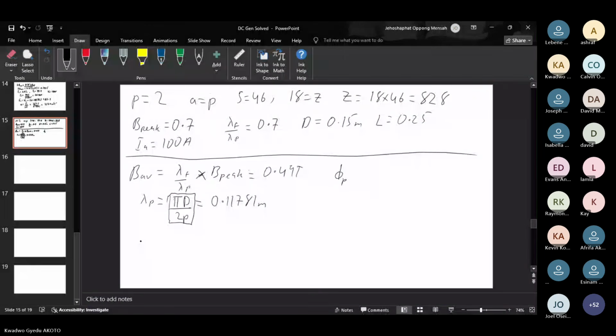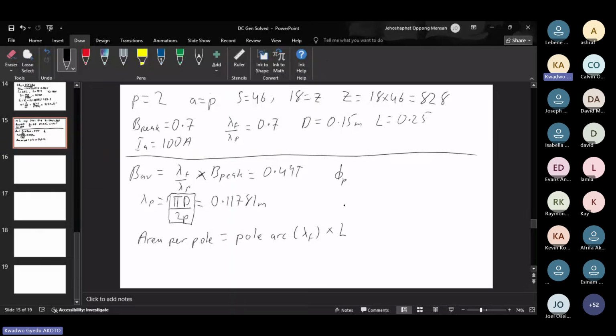So our area per pole is just the length of our pole, which is our pole arc, lambda f, times the length that we're given in the question.